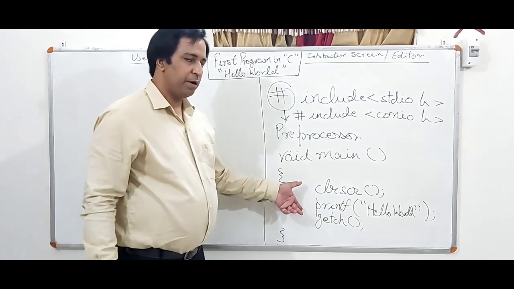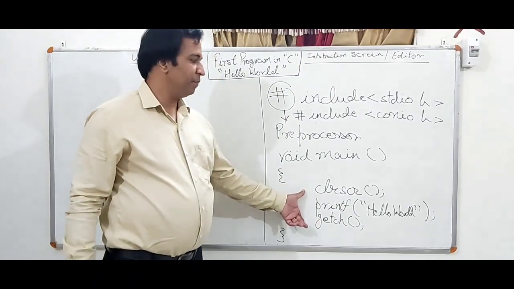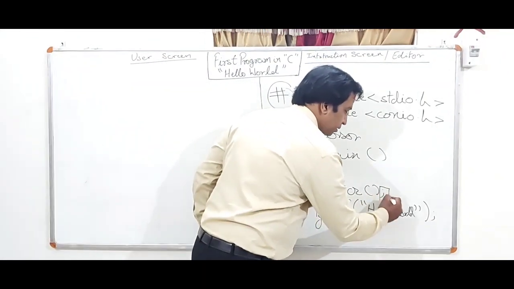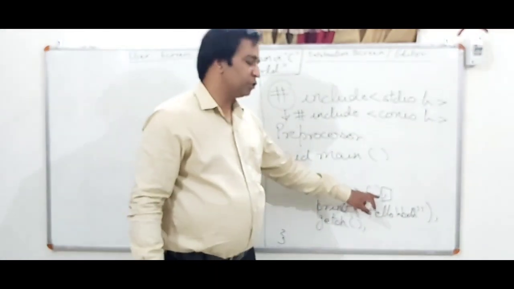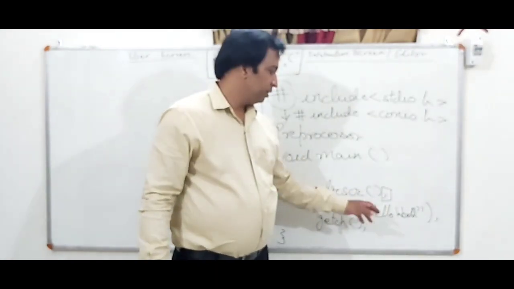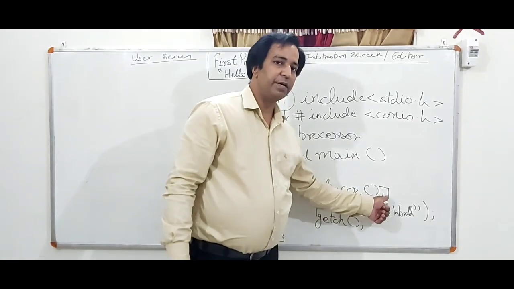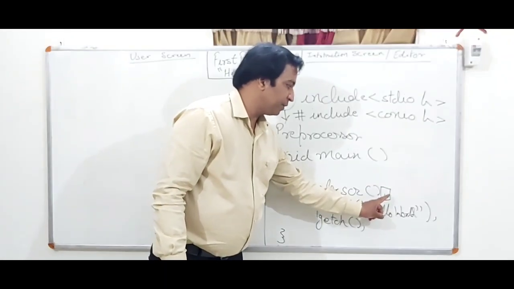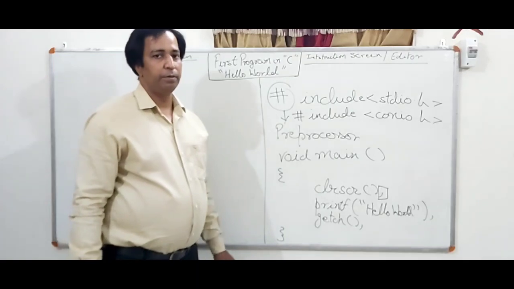Right now we have given three instructions to our program, and at the end of each instruction I have put a semicolon. This is also called a terminator. It says that one line of code has terminated here. So that is why at the end of each instruction I have put a semicolon.